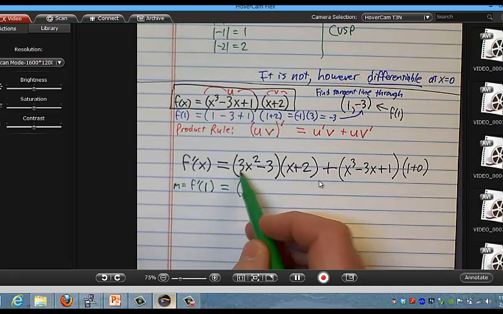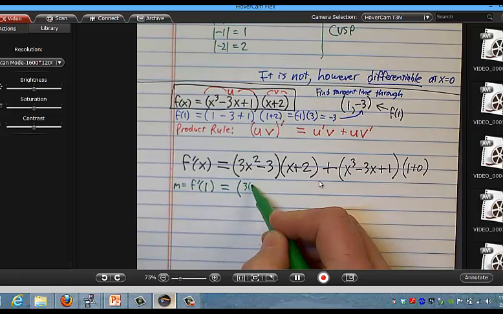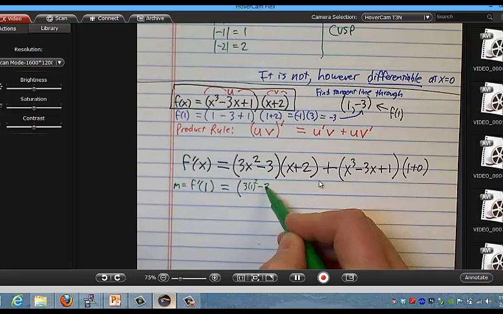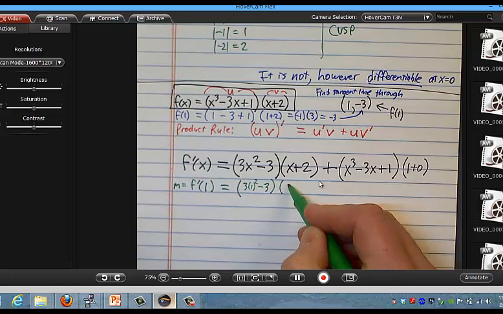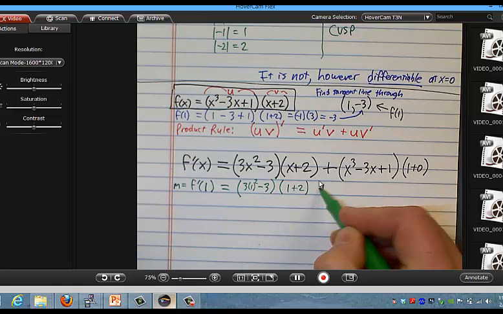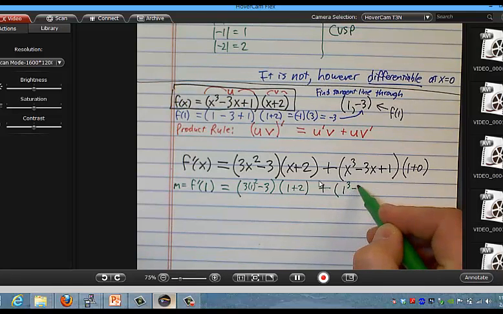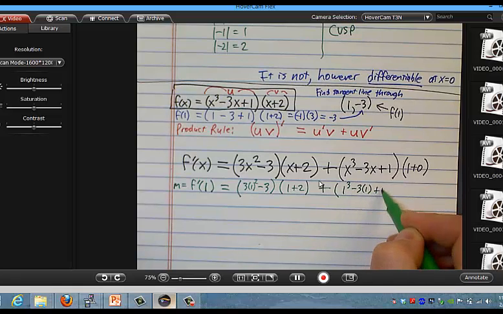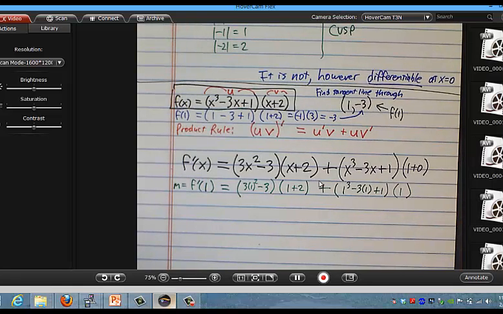I mean, here I get 3 times 1 squared minus 3. And here I get 1 plus 2. And here I get 1 cubed minus 3 times 1 plus 1. And here I get 1. So look what that equals. First of all, what's this?